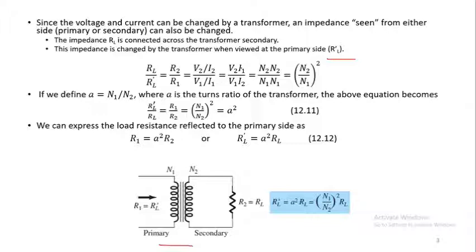So if you rearrange this, it will be equal to V2 into I1 over V1 into I2.